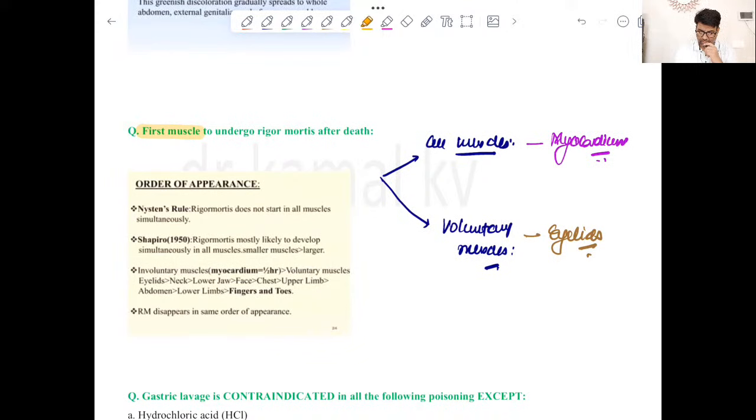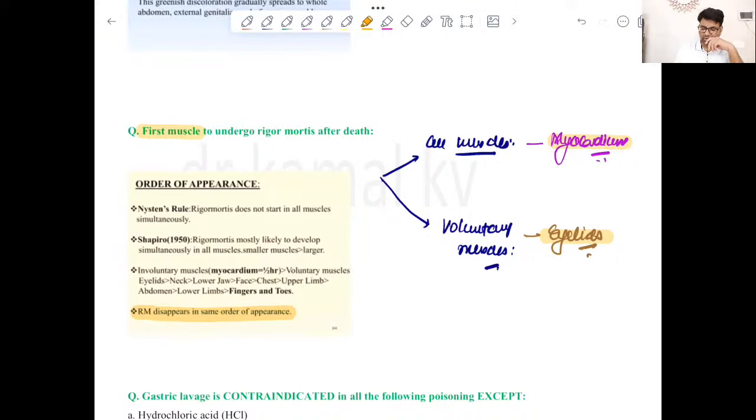So rigor mortis disappears in the same order of appearance. If I ask from which muscle rigor mortis disappears, the answer would be myocardium. If I ask from which voluntary muscles it disappears first, then again the answer would be eyelids, right? So appearance, disappearance, the sequence remains the same.